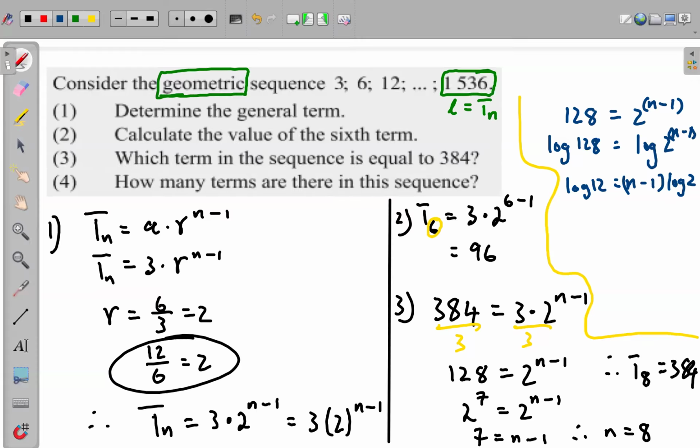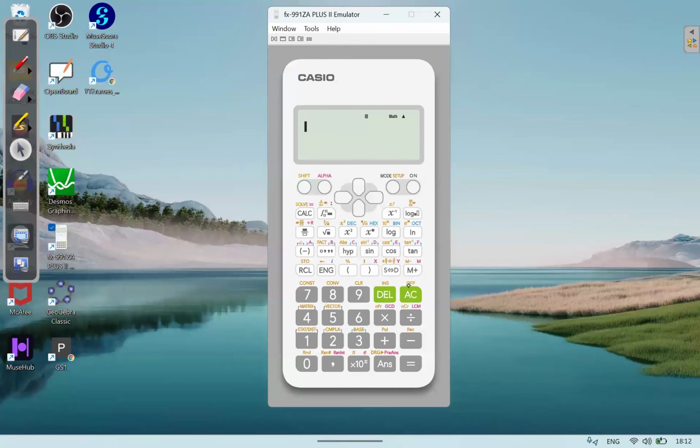And what does this mean? You can divide by log 2 on both sides. So you have log 128 over log 2 is equal to n minus 1. Again, I must indicate that this step is not really necessary. You could move literally from that one to this one here. Then you can press in your calculator, I hope you know the log button.